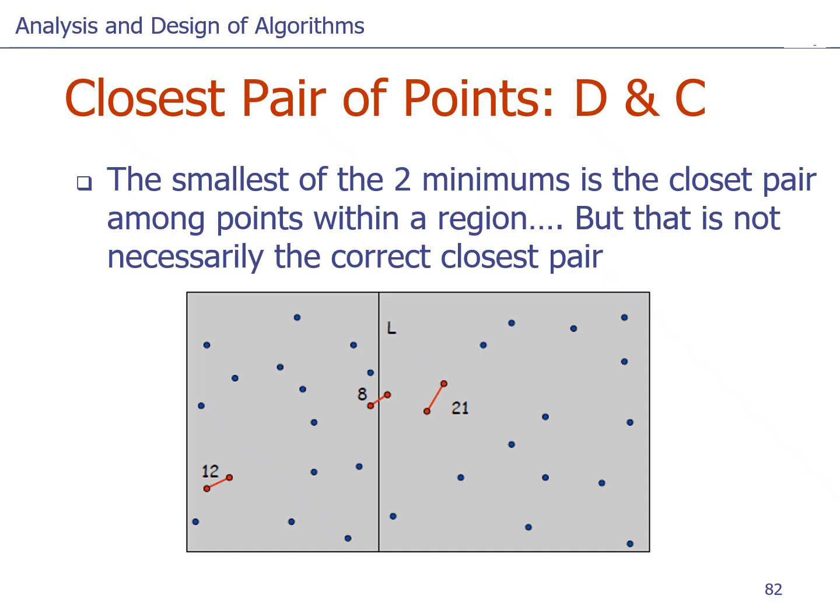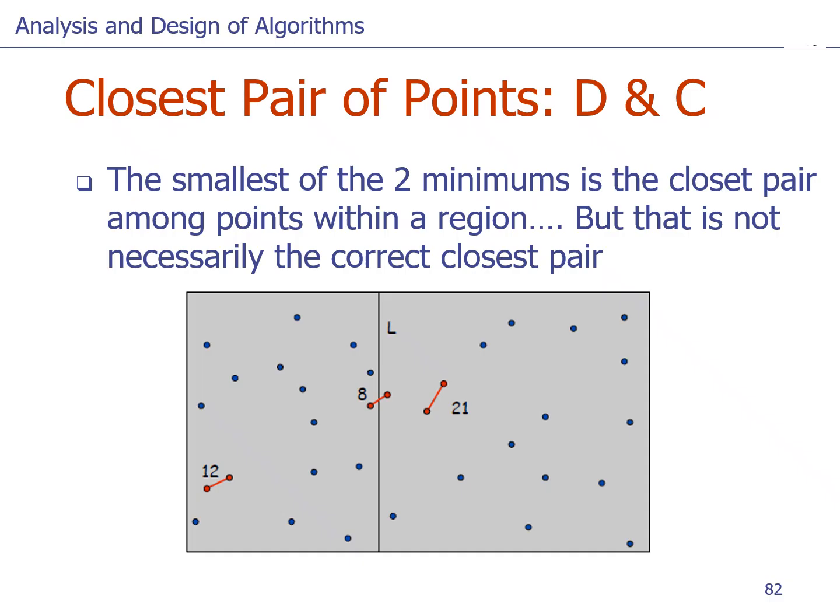Because there could be a pair of points that appears here in the center of the graph, one on each side, and the distance between them is smaller than the distance I have computed, which is clear here: 8 is less than 12. But up till now, I didn't consider this case.